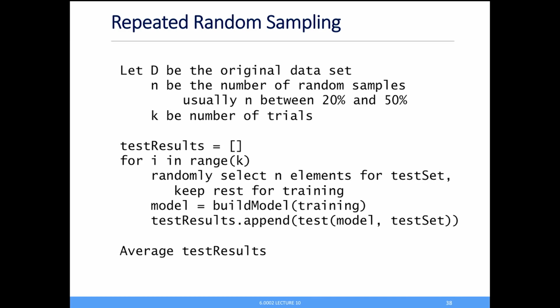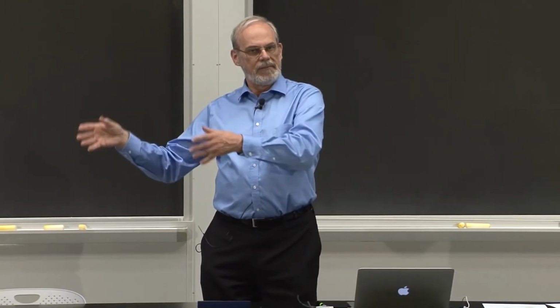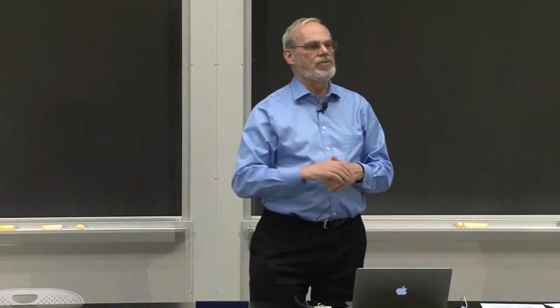But the idea is, again, walk over all of those K trials, and in each one, pick out at random N elements for the test set, use the remainder as the training set, build the model on the training set, and then apply that model to the test set. So rather than doing k-fold where I select K in turn and keep them, this is just randomly selecting which ones to pull out.